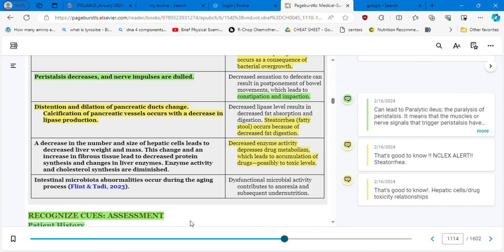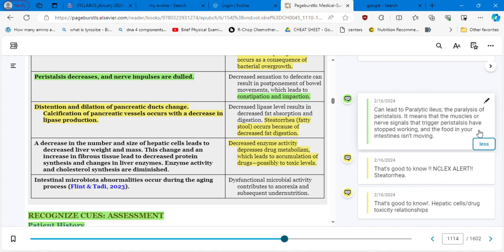And this can lead to the previous concept: constipation and impaction can lead to paralytic ileus, which I mentioned in the previous class, and some students got confused with ileum. No, paralytic ileus is when there is no peristalsis, with the paralysis of peristalsis, right?